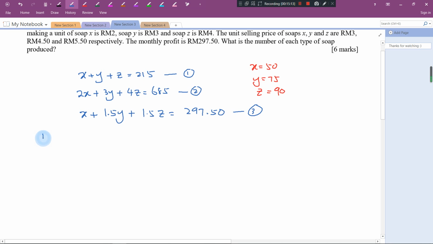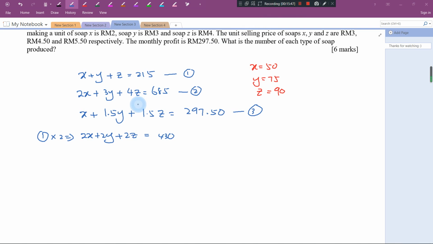I take the first one times 2. The reason that I times 2 is because I want to make it become 2x. Then use 1 and 2 to eliminate the x. So I will have 2x plus 2y plus 2z is equal to 215 times 2, 430.